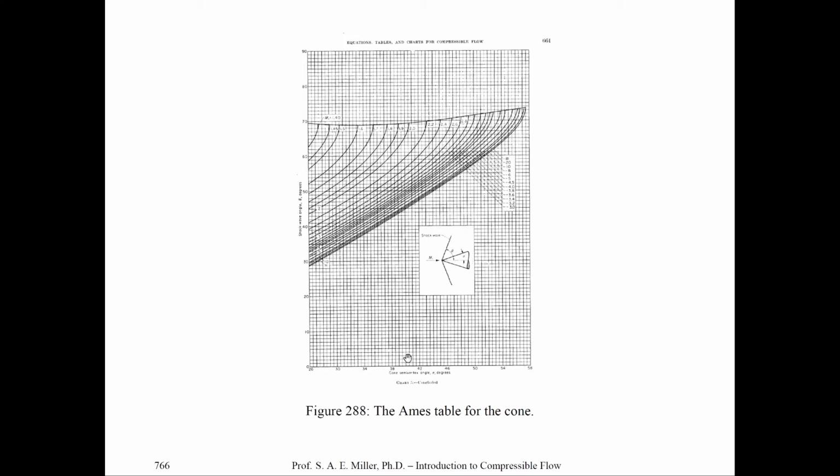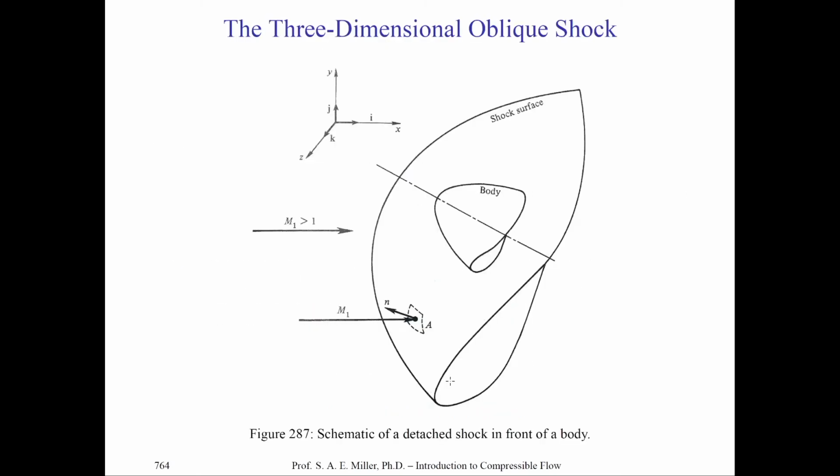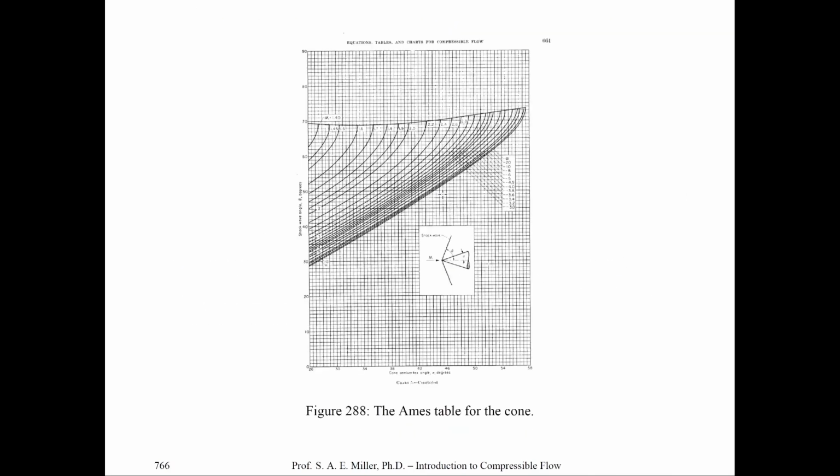So this is the turning angle. And there's actually multiple pages for this chart. This angle is from 26 degrees to 58 degrees for the half angle of a cone. A cone, not a wedge, which is 2D. A cone is three-dimensional and axisymmetric about its centerline axis. So this is a cone, conic, with a sharp leading edge. In fact, this couldn't be used to solve the particular problem like we see in figure 287 because, of course, we have a blunt leading edge.